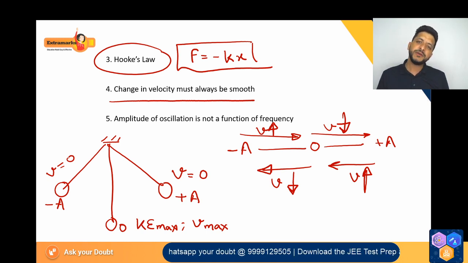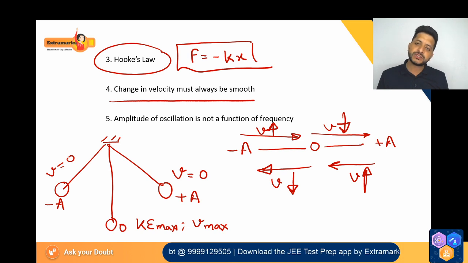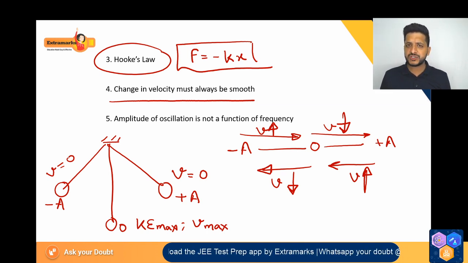This change cannot be abrupt or sudden, because an abrupt change in velocity means an abrupt change in kinetic energy. An abrupt change in kinetic energy means you have given some extra energy to the system all of a sudden.